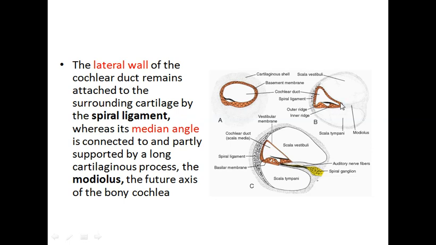Whereas the median portion is connected to the cartilaginous rim by a long process, क्योंकि ये ऑलरेडी इस साइड पे आ चुका था, राइट? तो ये एक long process के through connected होगा to the cartilaginous rim. This connection is known as modulus, right? This modulus is actually the future axis of the bony cochlea. ठीक है.